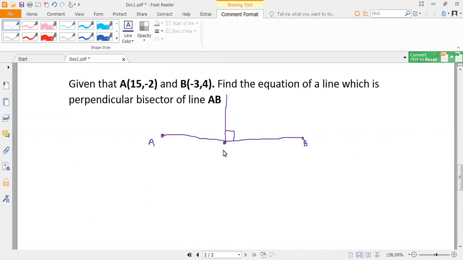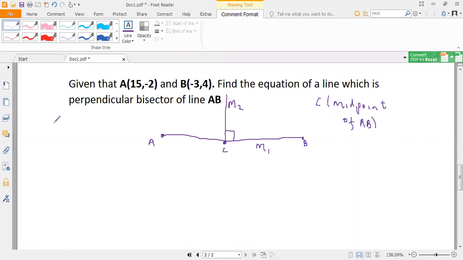So it passes through point C. Point C, where it passes, is the midpoint of the line AB. To find the equation of the line which is a perpendicular bisector, we shall first assume that it has a gradient which I'm going to call M2, and the line AB also has a gradient M1.